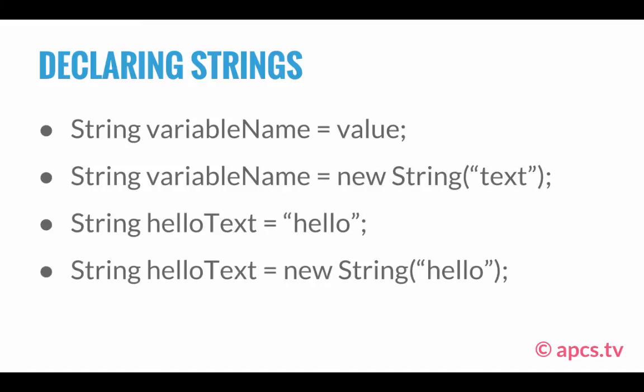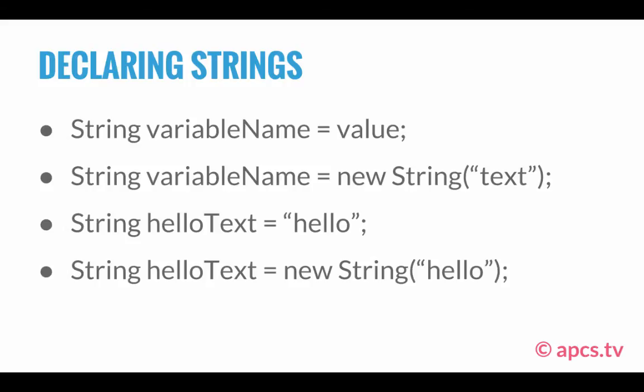But the important thing to know right now is, again, we have the string keyword indicating that we're defining a string variable. We have the variable name equals new. New is a new keyword that we've seen. We're indicating that we're creating a new string for this variable, and we're creating a string that has a value of text. The text would be whatever you want to assign the value to be.